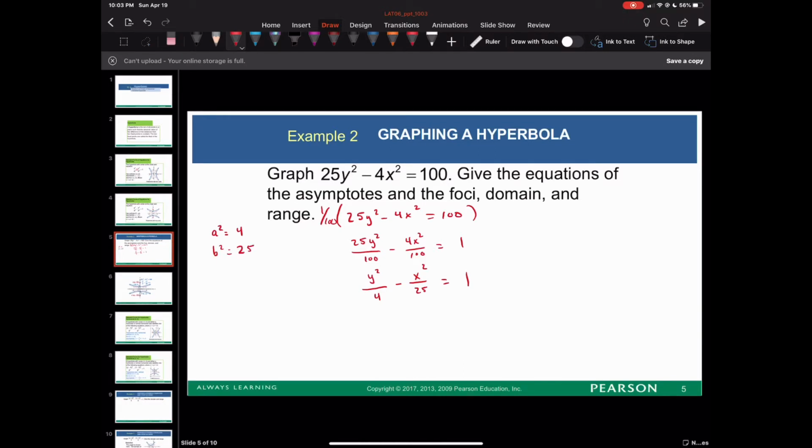Remember, you don't have to follow that rule of a being greater than b, because when we talk about hyperbolas, it's two different things. Make sure you understand: the other one was plus, this one is minus. That's how you know the difference between a hyperbola and an ellipse. Now, we need to find what c is. So c is equal to the square root, and remember, it's different with this: it's 4 plus 25. So c is equal to the square root of 29.